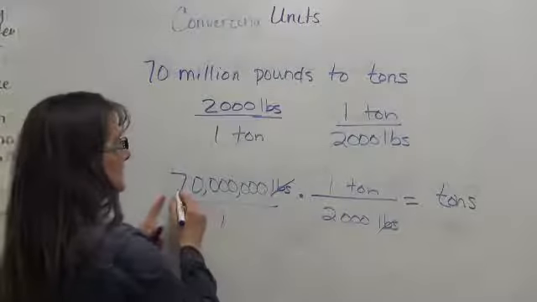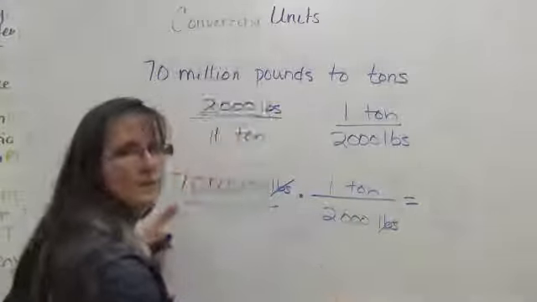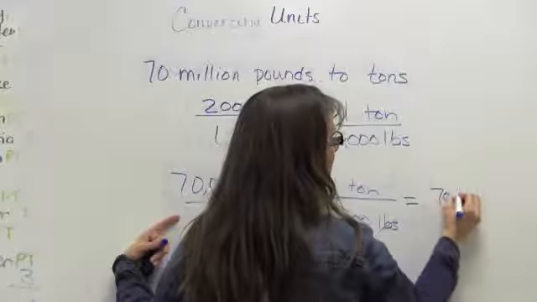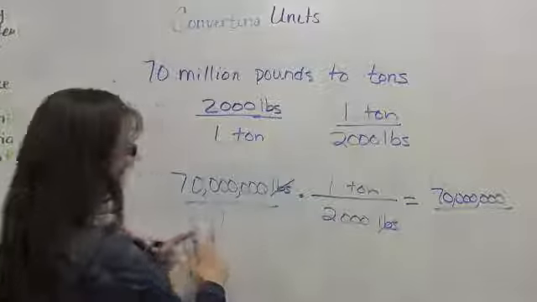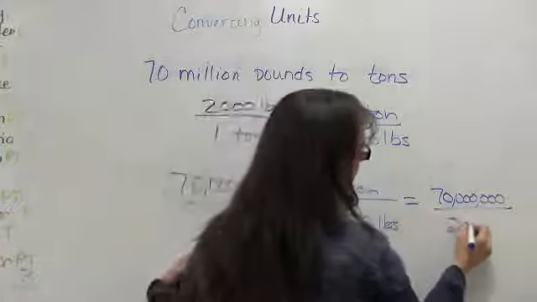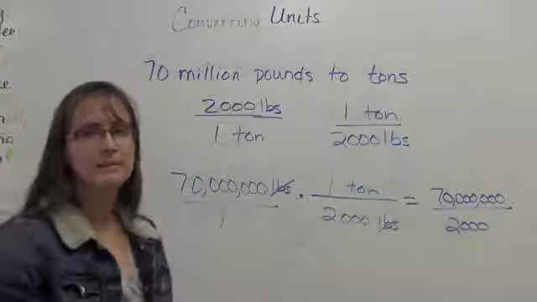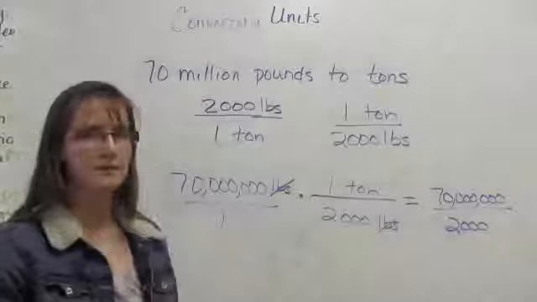So I need to take 70 million times 1, which is going to give me 70 million over 1 times 2,000, which is 2,000. Before I can get this completely simplified, I'm going to need to divide 70 million by 2,000.